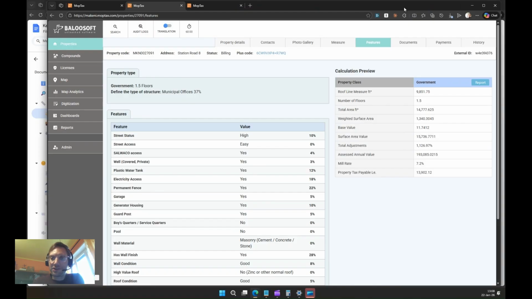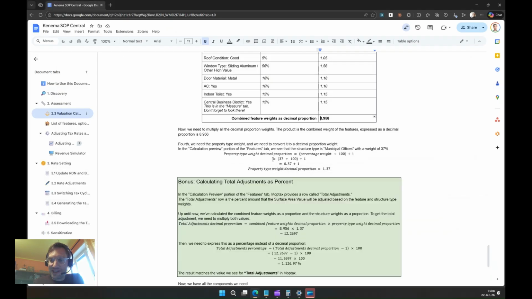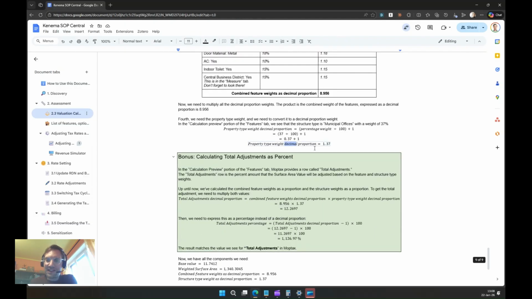So if we take that 37% and convert it from a percentage weight to a property type decimal proportion, we take 37, divide it by 100, we get 0.37, we add 1, we get 1.37. That's our decimal proportion.